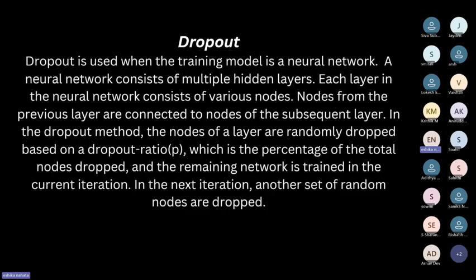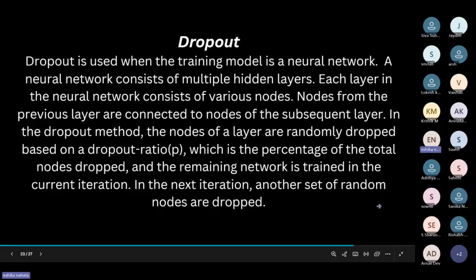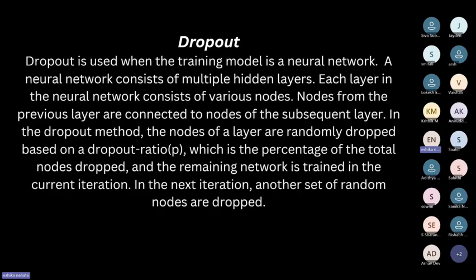So you temporarily ignore those neurons while you're training, and all the weights that come into it and go out of it. What this does is the neurons are not dependent on each other to form the output, and they independently learn important features. So it helps the model focus on the features that are truly important and not model noise as the capacity increases when you don't have dropout.